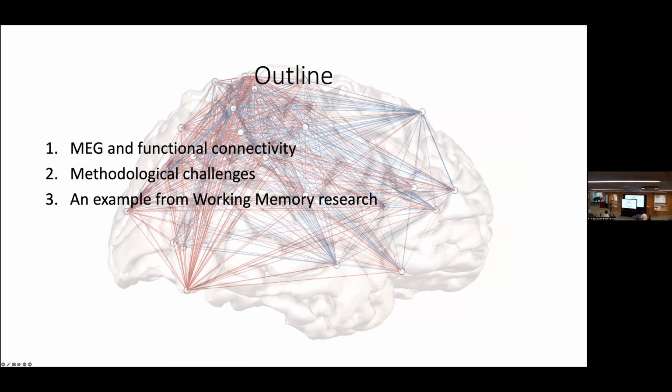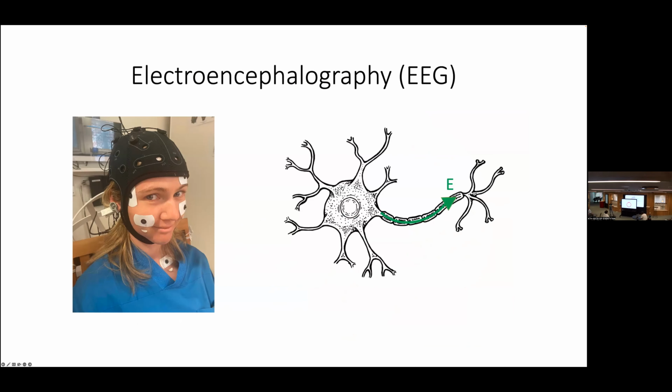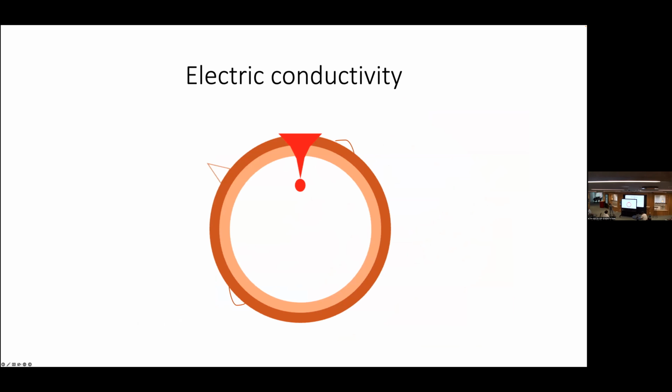And a big problem here is electric conductivity. So if you imagine that this is the cross section of the head, with the nose and the ears, and then you have this electric field generated by the red source. Now, every time you pass from one medium to the next with a different electric conductivity, you're going to get field spread or diffraction, just as happens in light.